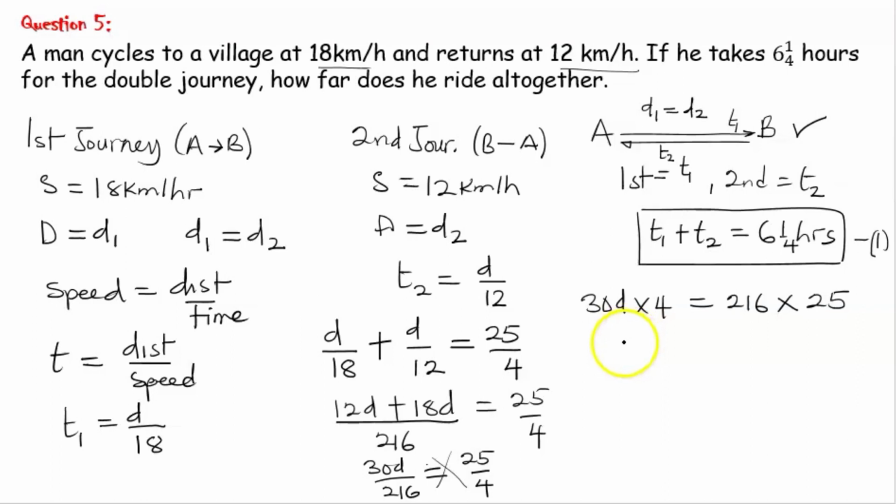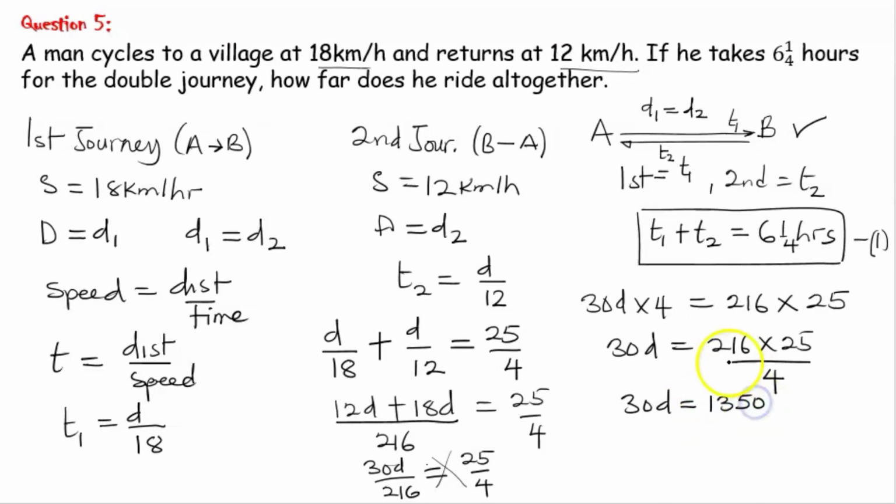So we simply divide. Let's divide both sides by 4 first. So we have 216 times 25 divided by 4. You can as well just do it straight. But if we do this, we are going to have 30d is equal to 1350.